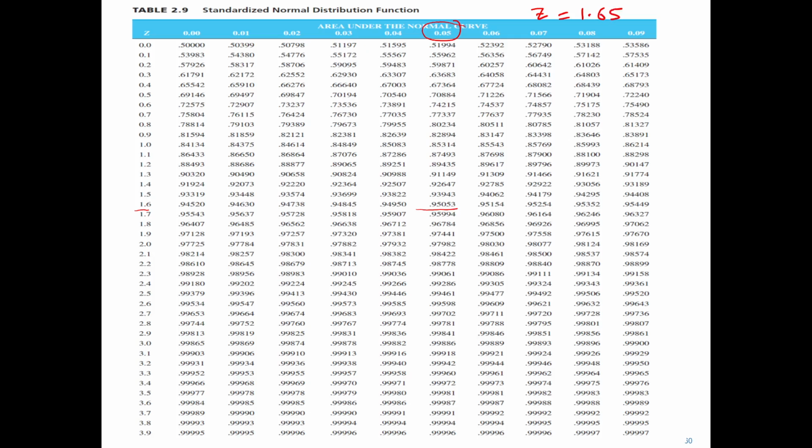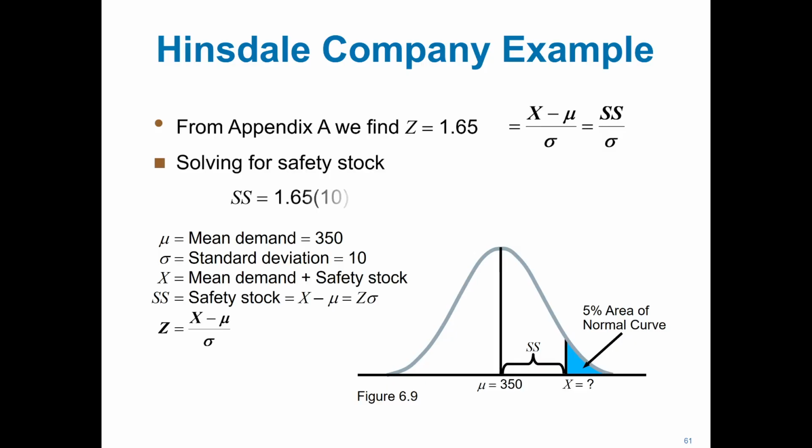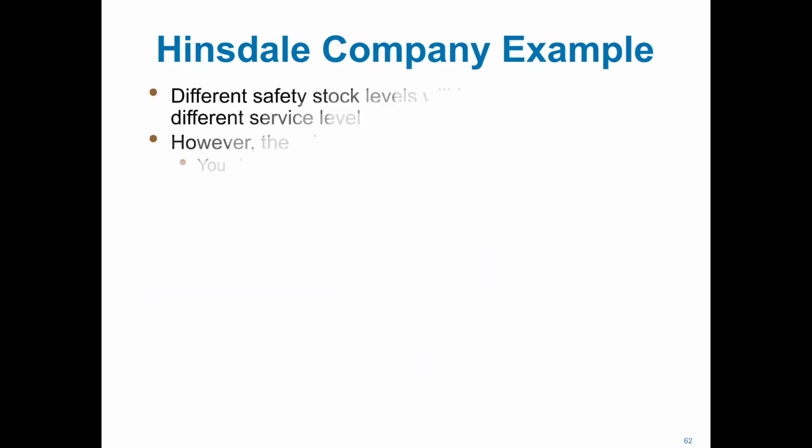We get 0.95 from this table, which is 95% of the area of the normal distribution. So from appendix A we find z is equal to 1.65, and from here we can find the safety stock, which is equal to 1.65 z times sigma. We get 16.5 units, or 17 units.